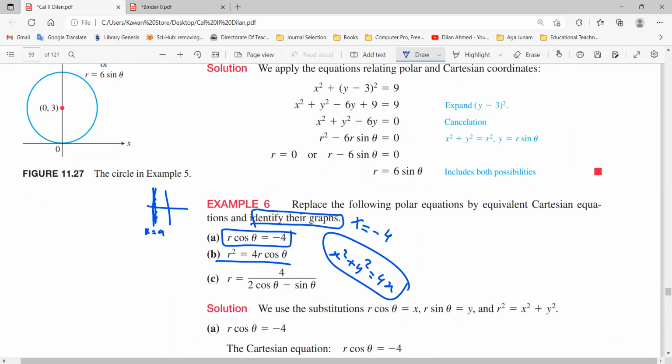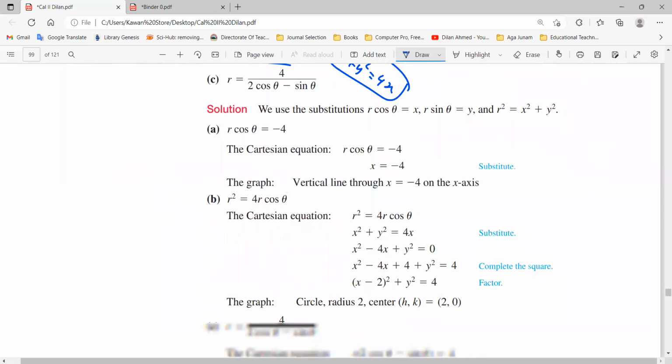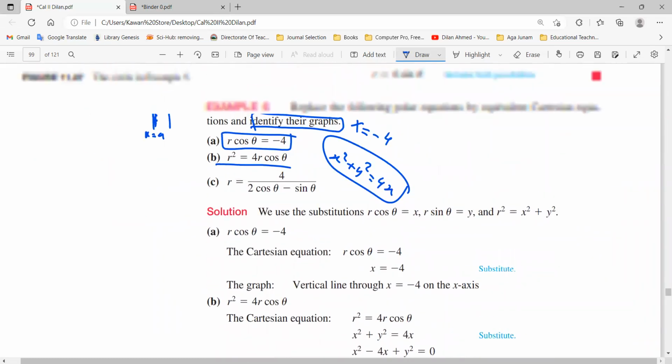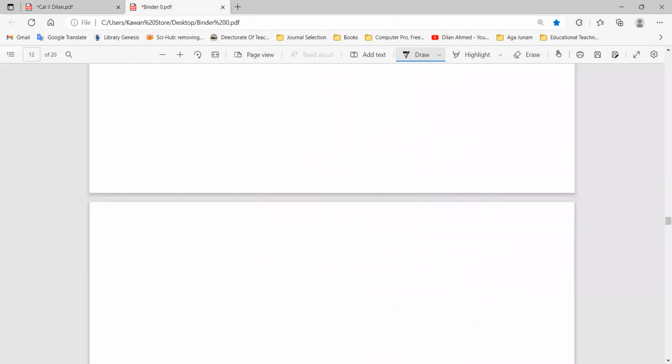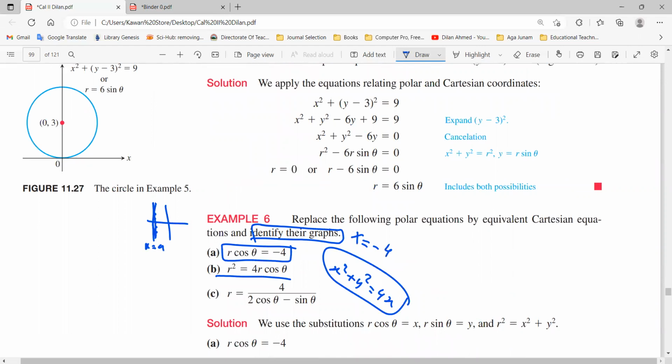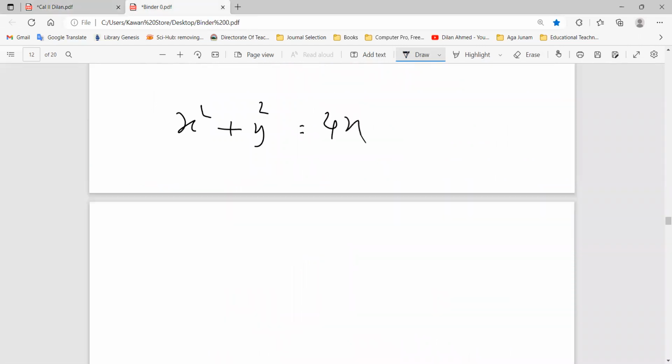No, we don't have such a rule. Careful: sine squared plus cosine squared is equal to 1, not x squared plus y squared. We make it a circle because we have x squared plus y squared equal to 4x. So this is the shape of a circle.